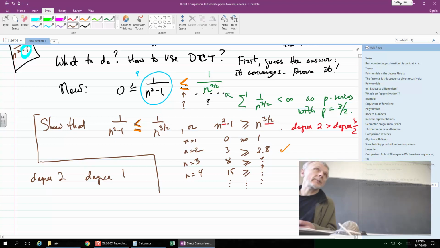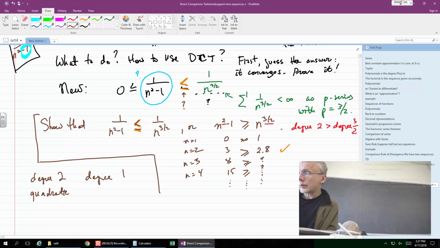What kind of polynomial is degree 2? What's degree anyway? Degree 2 would be a quadratic, and the degree 1 is linear.